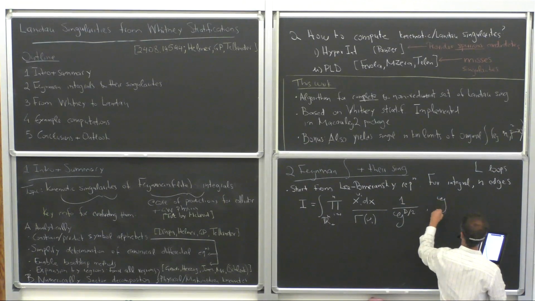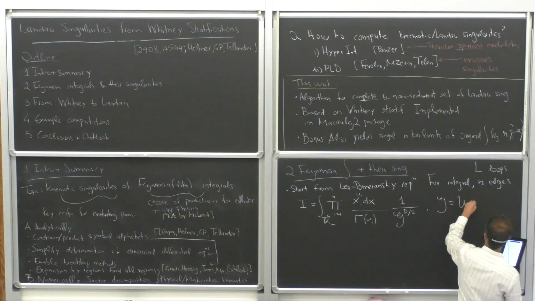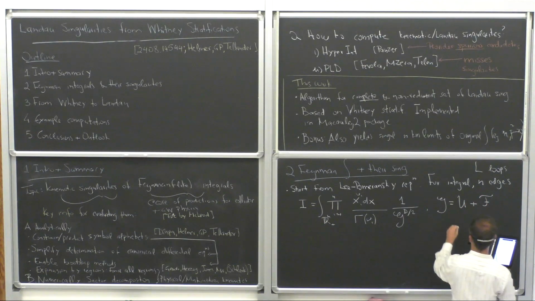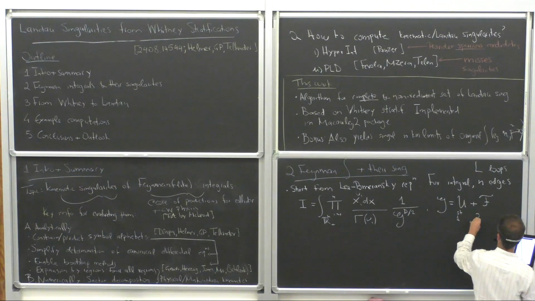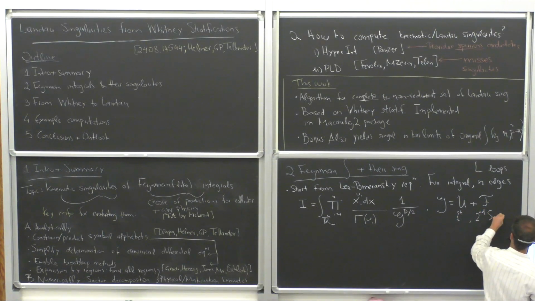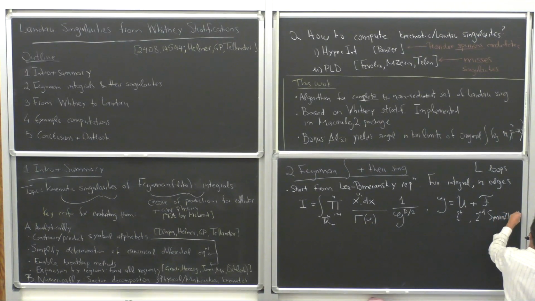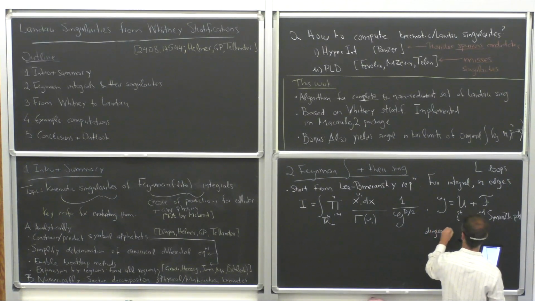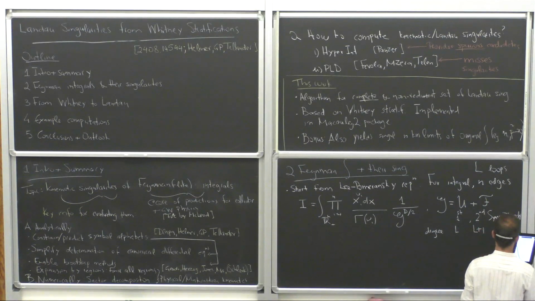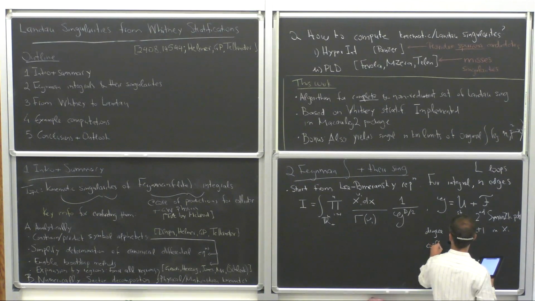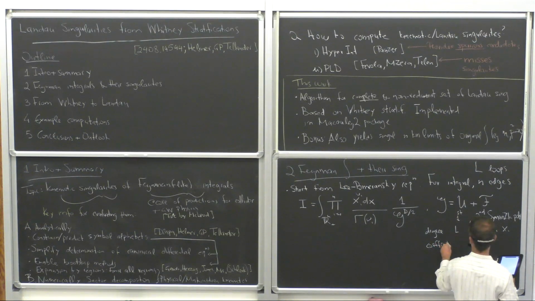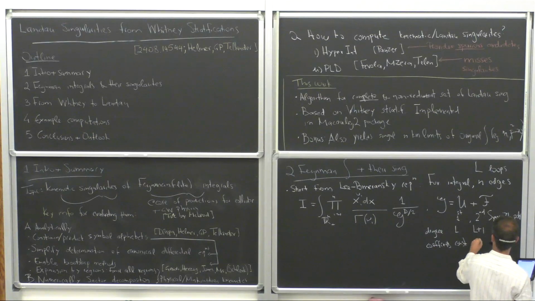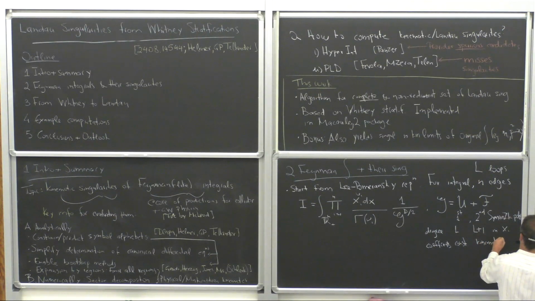In particular, the Lee-Pomeransky polynomial is U plus F, where U is the first and F is the second Symanzik polynomial. These are of degree L and L plus 1 in the integration variables, and the coefficients are constant or kinematic dependent for each of the two polynomials.